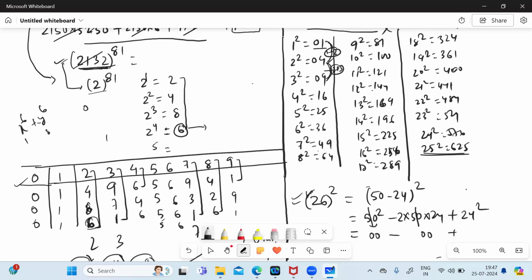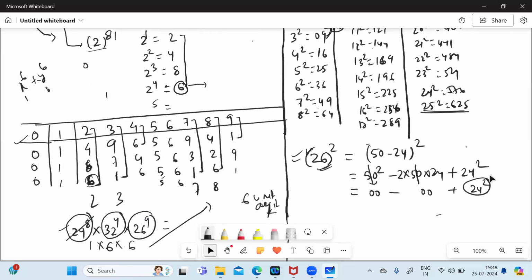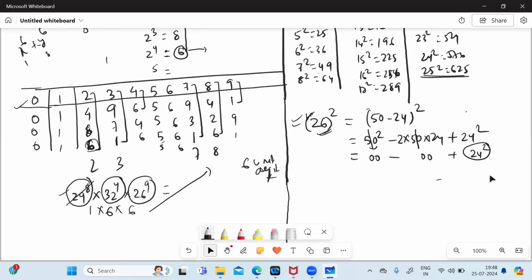So the last two digits of 26 square will come from the last two digits of 24 square, the same as 24 square.